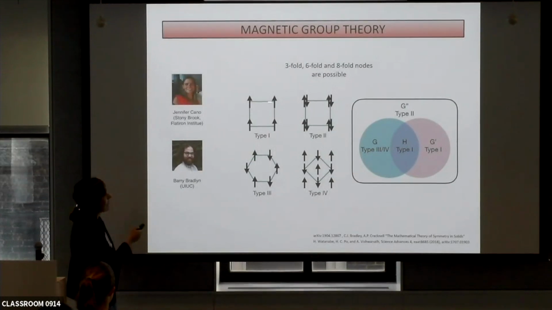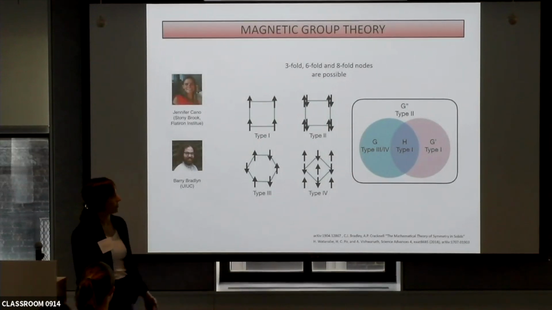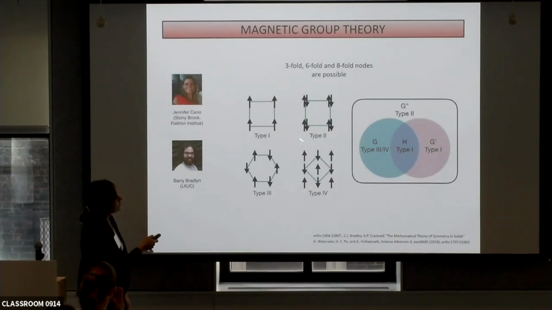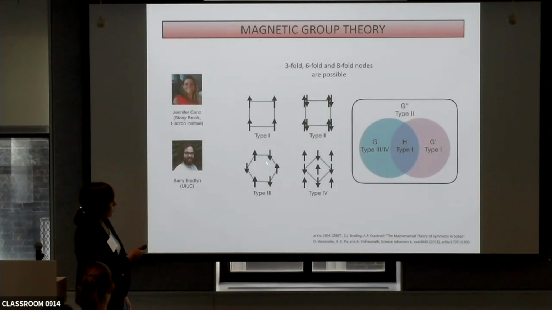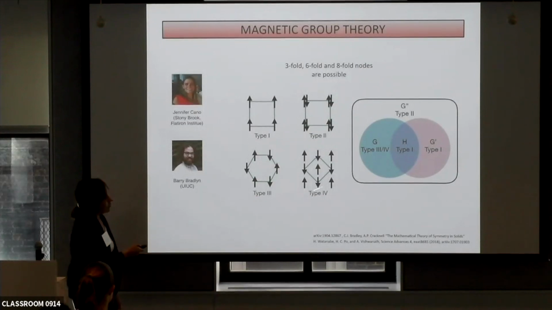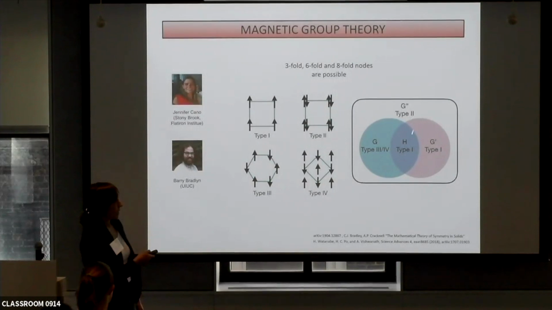Type 1 lacks time reversal symmetry completely, and to find the dimension of the co-representations, we just need to look at the tables that we have and get the dimension with time reversal symmetry. Type 2 are the 230 space groups that we already know. Type 3 has time reversal symmetry combined with integer translation, and type 4 has time reversal symmetry combined with fractional translation. And this is the table that we use to look for materials.